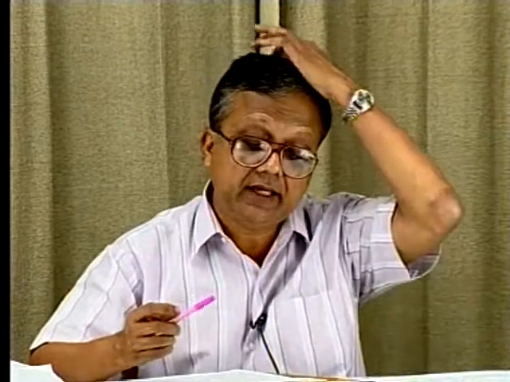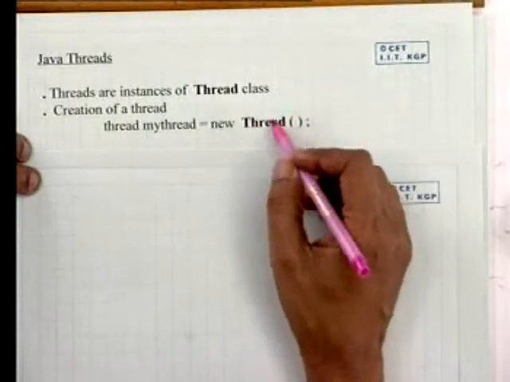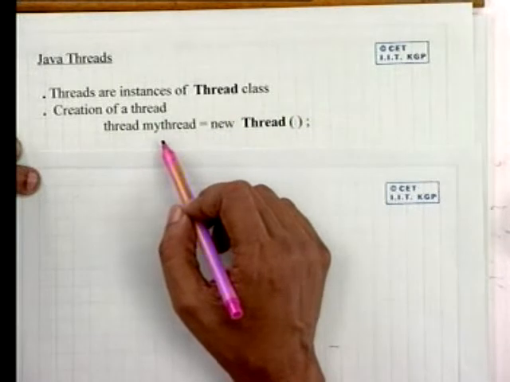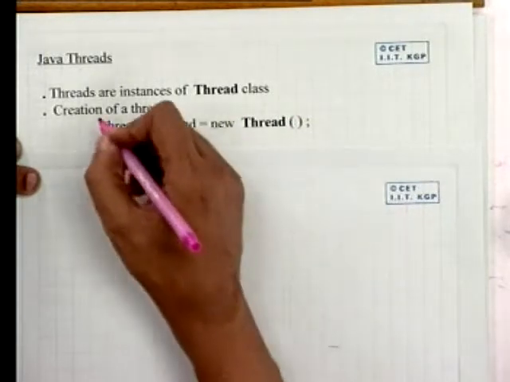A typical thread is treated as an instance of the Thread class, which is a built-in class supplied with the Java language. Then, for the creation of a thread, Java supports a Thread constructor with the Thread class, and we can say Thread myThread = new Thread.